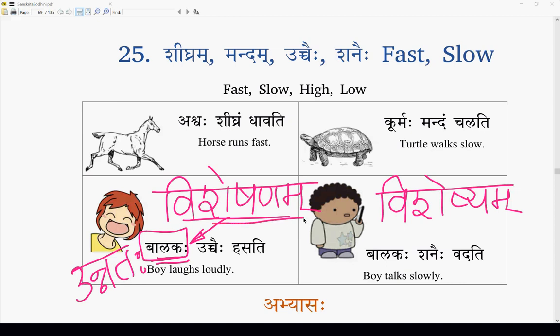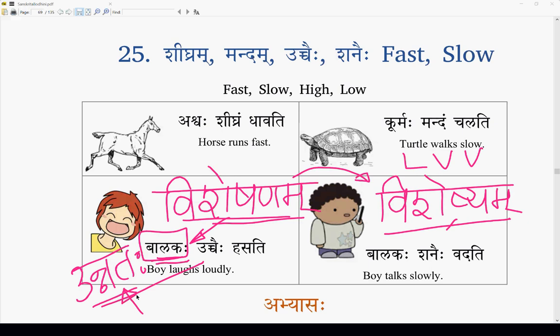So Visheshanam has to follow the same lingam, vibhakti and vachanam, all three characters of Vishesham. In this example, unnataha balakaha asti, if that is the whole vakyam, balakaha is a Vishesham and unnataha is Visheshanam.